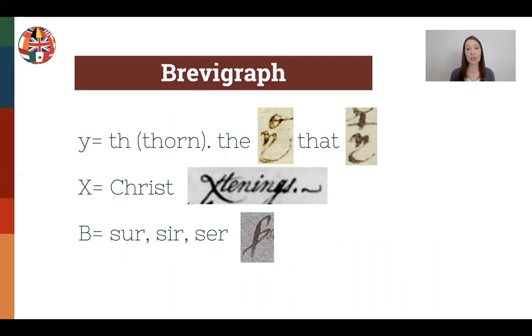You might also see it in church registers for christenings, X and then christenings. All right, a capital B kind of looks like a capital B. It wasn't a capital B, but it kind of looks like a B. It is the prefix for Sir in all different forms, S-U-R, S-I-R, S-E-R.